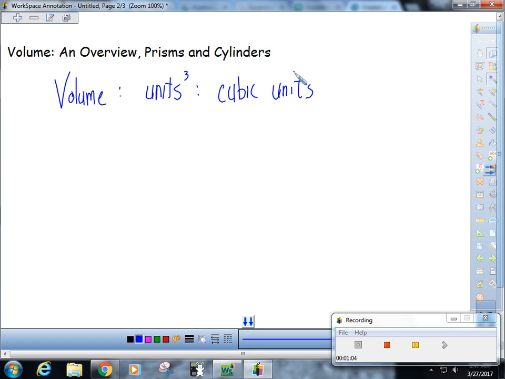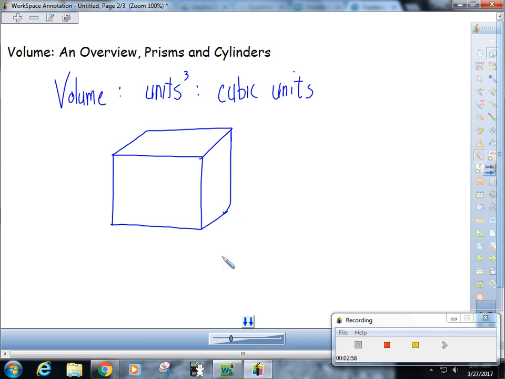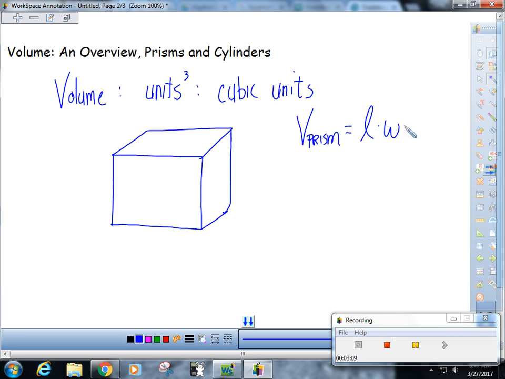Okay? So we measure volume in cubes. So first thing I want to do is just very quickly redo that picture that I drew for you earlier. And I want you to know that the reason why the volume of a prism, so here's our first note of the day, is length times width times height, is that we are simply adding up how many cubes could fit in this thing.